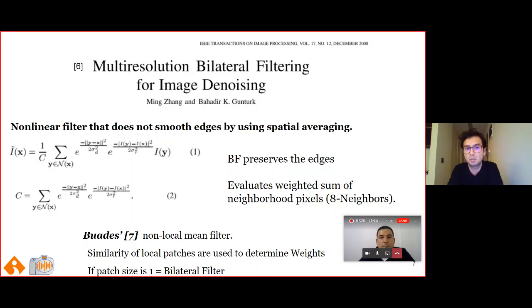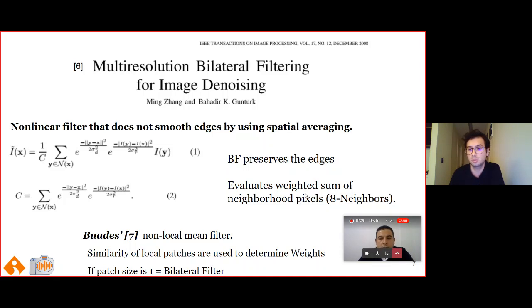The critical point about this article, multi-resolution bilateral filtering for image denoising, is that there are penalty terms for the intensity difference and the spatial difference of the pixels. You can see the decaying exponential functions here, and they are using these terms as the penalty terms.